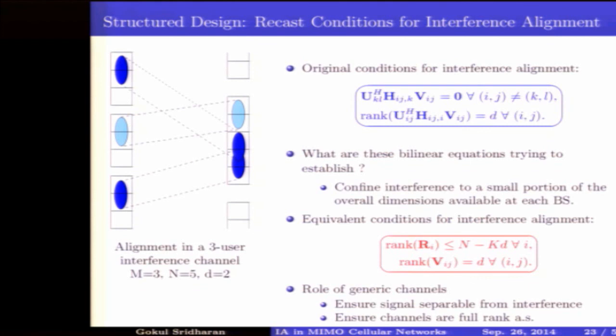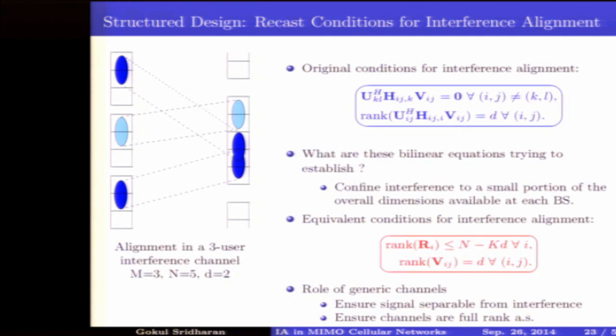So what really helped us was to look at interference alignment in a different light. What we originally had were these 2 conditions, and this set of equations was trying to null all the interference there is. But if you were to, for a moment, focus on this network here, which is a 3-user interference channel, I have 3 transmitters, 3 receivers, 3 antennas here, and 5 antennas here, and I'm trying to support 2 streams for every transmit-receive pair.